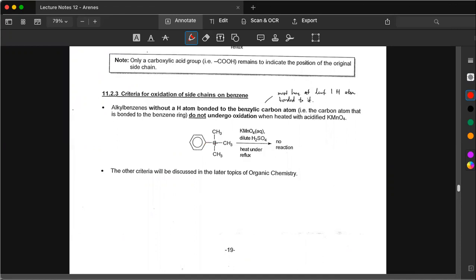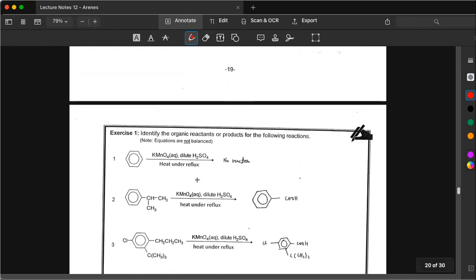But here there is nothing. The alkylbenzene without a H bonded, there's no H atom. This is important. There's no H. Do I have to know the actual reason in the syllabus? No. No H atom bonded to the carbon atom, forget it. It won't, full stop.